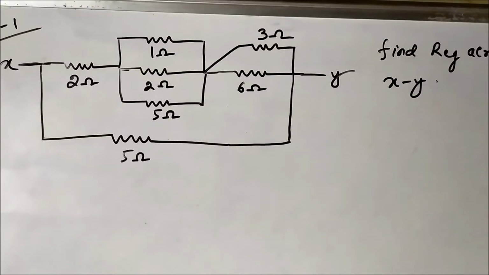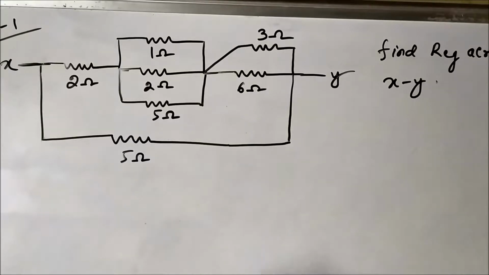By the time you practice more and more questions on equivalent impedance, equivalent resistance, inductance or capacitance, you will develop so much practice that just by looking at the circuit you can determine the equivalent resistance. But if you are starting out, your approach should be to look at each part separately.